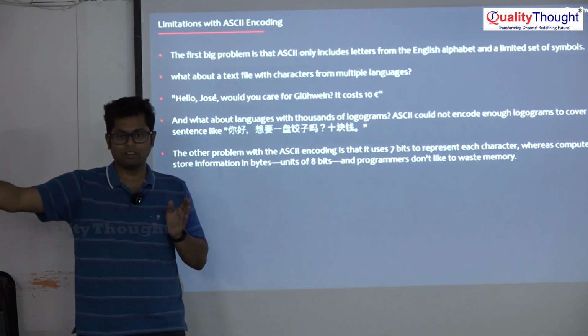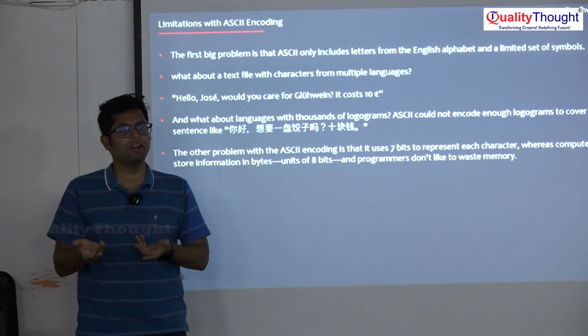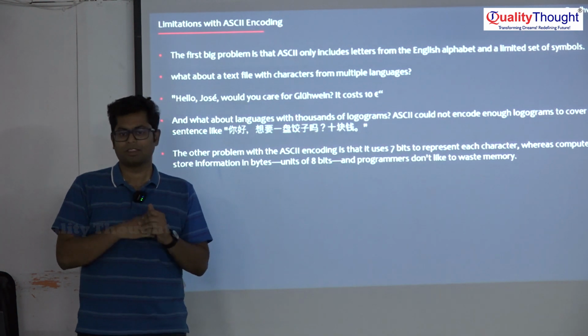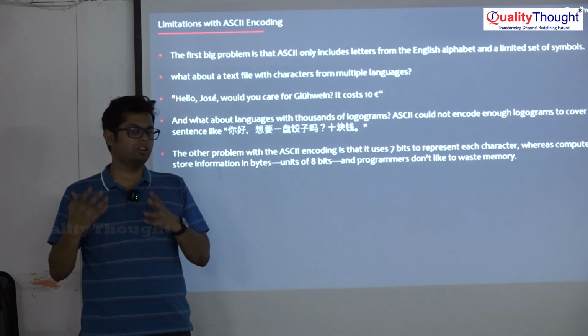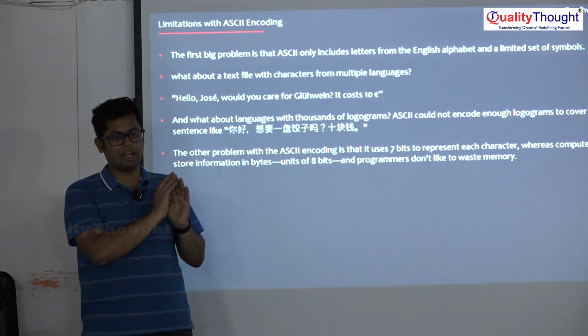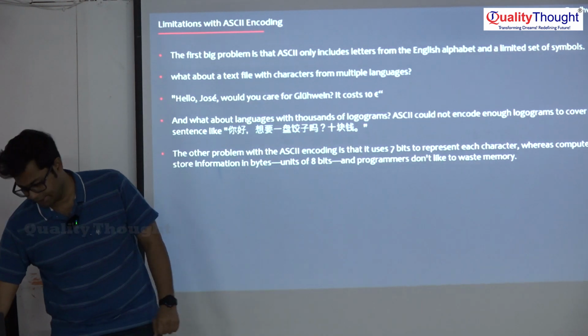Put all ones. And what number do you get after summing that up? It's going to be 127, as simple as that. Are you guys following it? But 127 requires only 7 bits, and the last bit is always 0. That's what you need to understand.